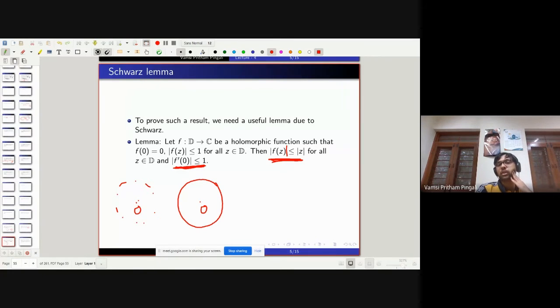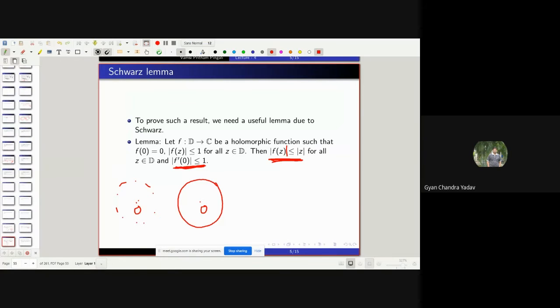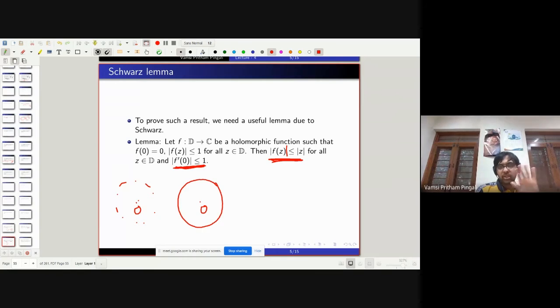So sir, mod of f dash 0 is scaling up the points near 0? I'm not saying that. I am saying the derivative tells you roughly the rate of change, right? So if the derivative at 0 is very high, that means points near 0 probably move a lot. It's just very rough intuition. I'm not making this precise at all, so please don't take it very seriously.